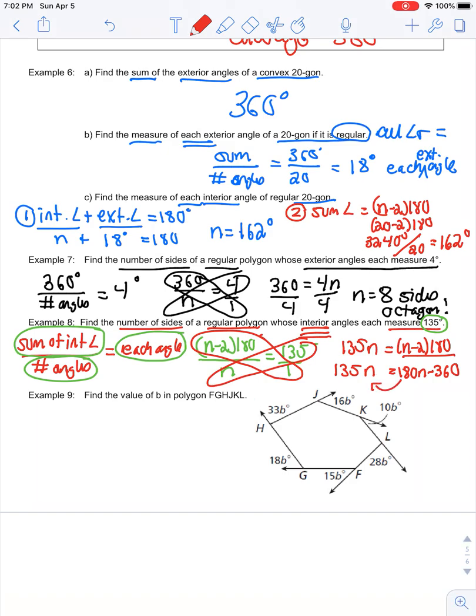Since I have n's on both sides, I want to get all those n's to the same side. 135 minus 180 is going to be negative 45n equals negative 360. And if we divide by negative 45, n is going to be 8.